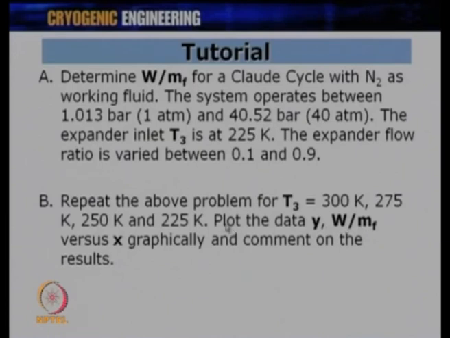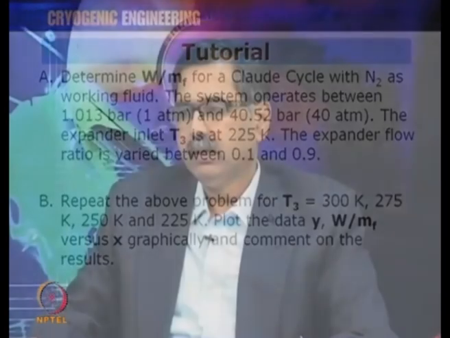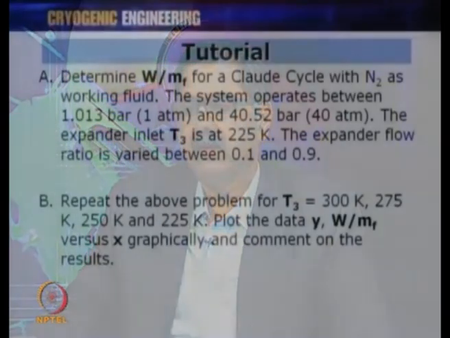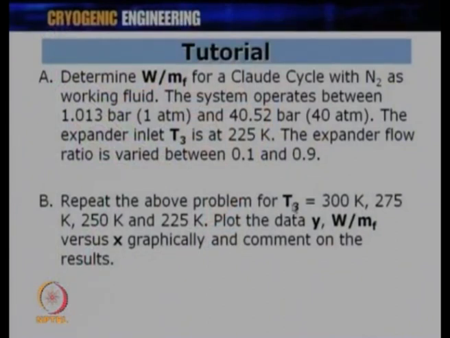The problem says to plot the data, that is Y and W by MF versus X, graphically and comment on the results. So, basically we want to study the effect of the value of T3 and the value of X, which are varied from 300 K to 225 K and 0.1 to 0.9 respectively, and how these parameters affect Y and W by MF versus X. When we plot graphically, the nature would be clear.